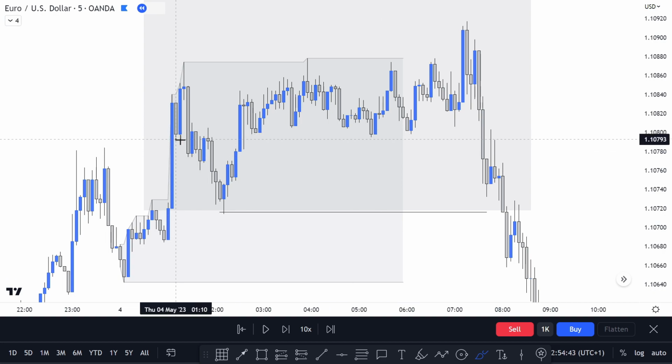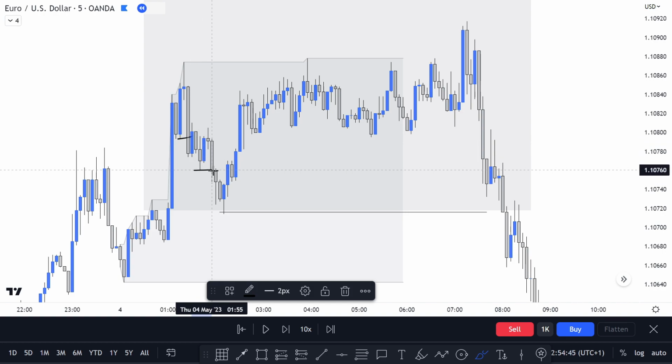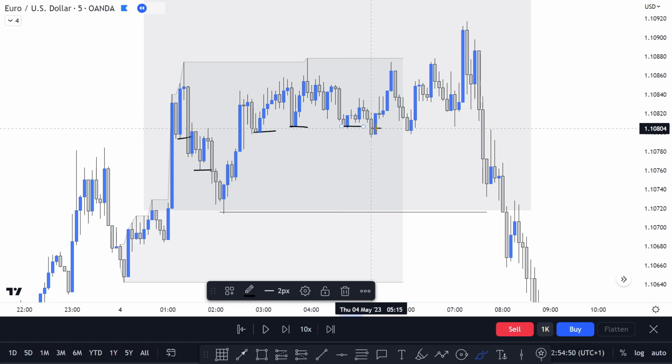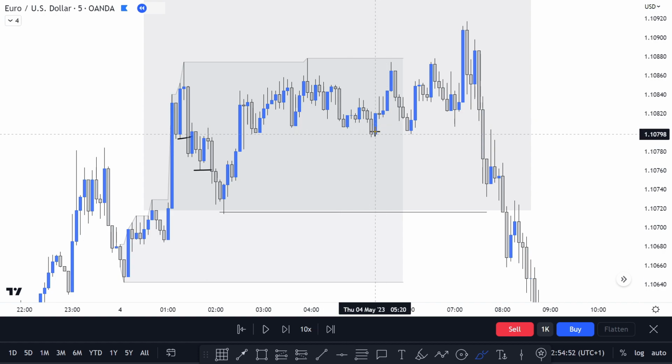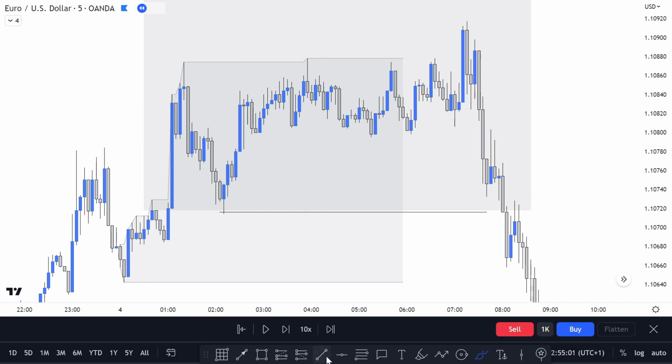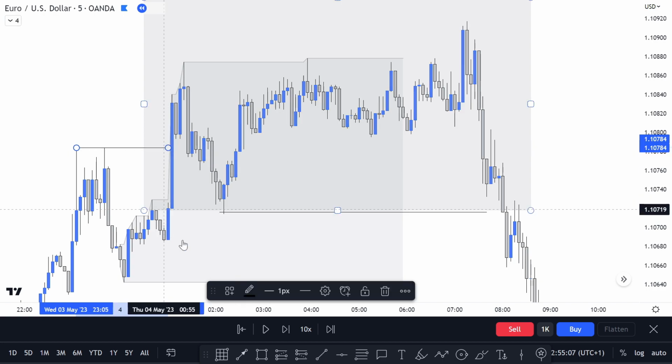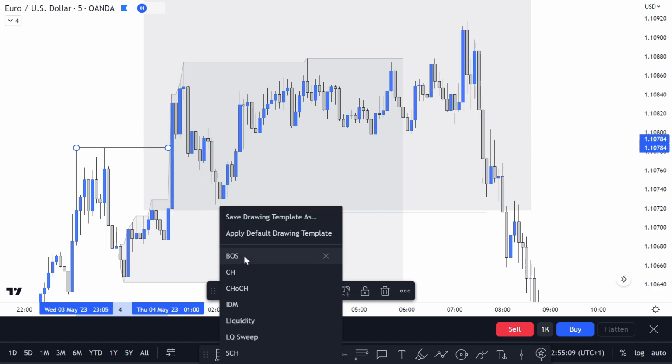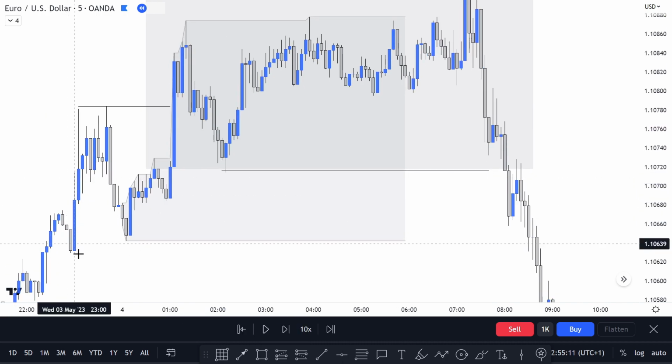Now, this is not a change of character. This is not a change of character. We don't have a change of character here. Let me explain why those areas are not a change of character. It's simple. Immediately there is a sweep of a particular zone, usually a zone that is equivalent to a break of structure, which in this case is this, automatically we want to take our change of character to be this.